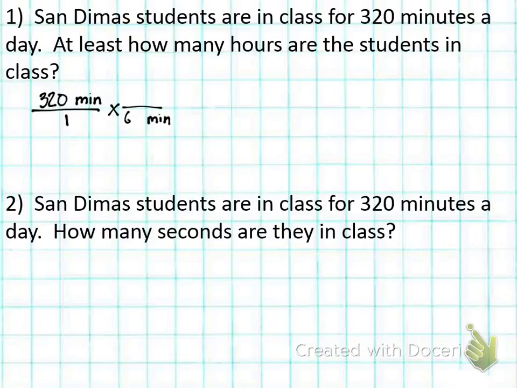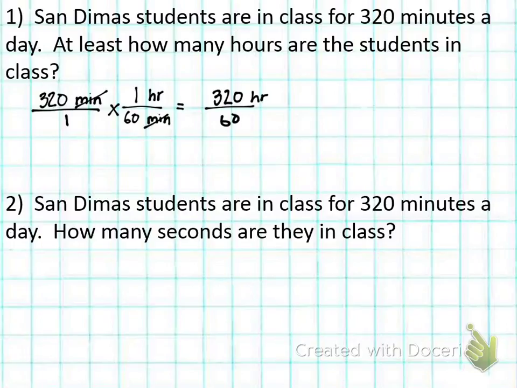I know for every 60 minutes there is 1 hour, okay? And then I multiply the fractions out. We got 320 times 1 hour is going to be 320. And then 1 times 60 is 60, okay? I could cancel out minutes, like so, and all I'm left with is hours at the top.